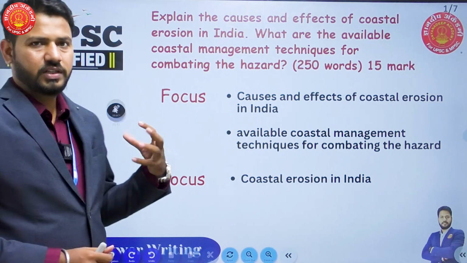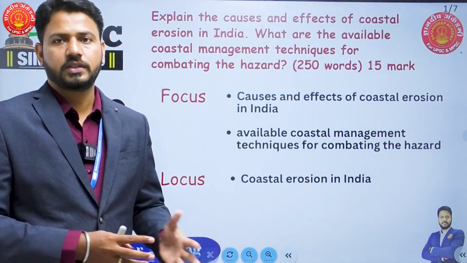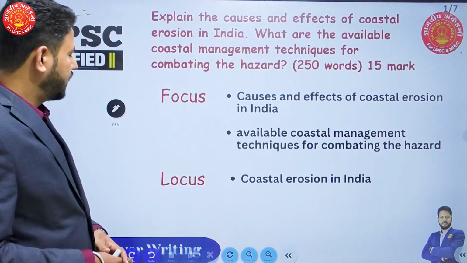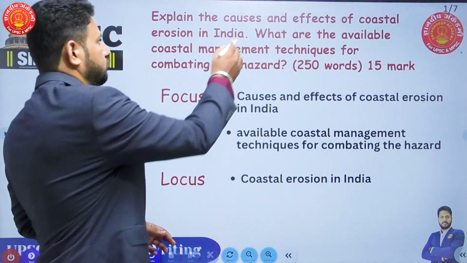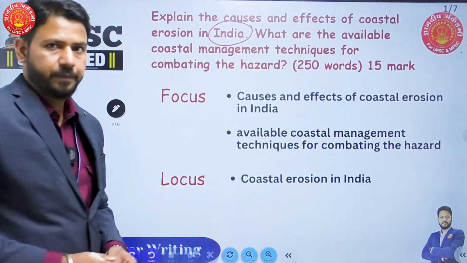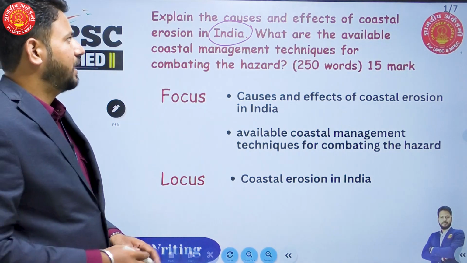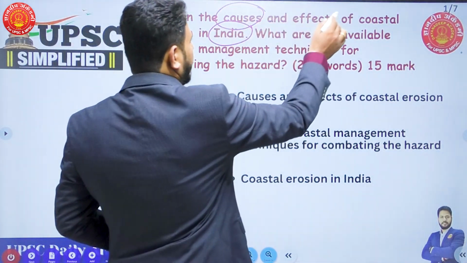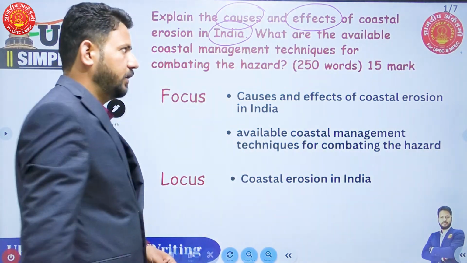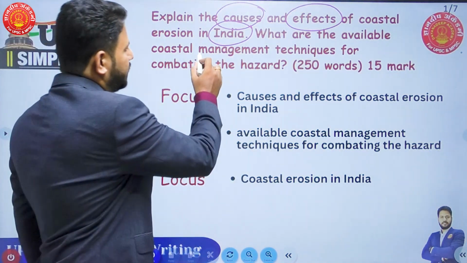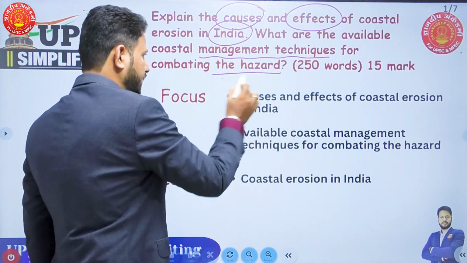Now, in this question, it's quite easy to understand the locus and focus of the question. The question particularly speaks about coastal erosion in India. The other important parts are the causes of coastal erosion and the effects of coastal erosion in India, and what are the management techniques to deal with this hazard.